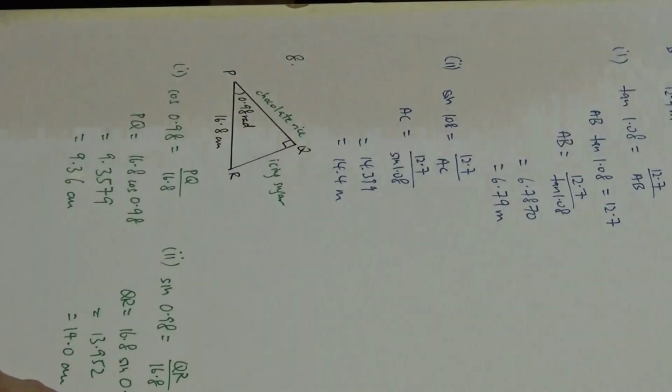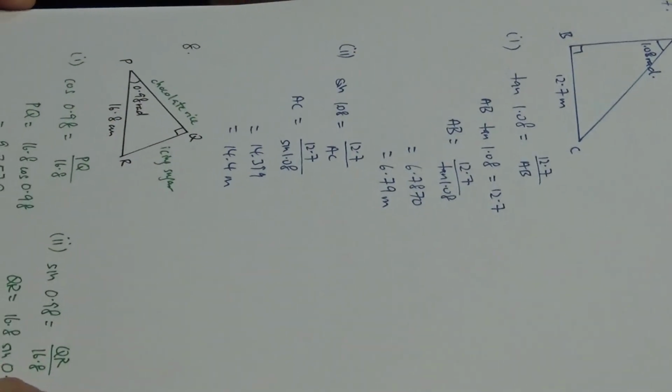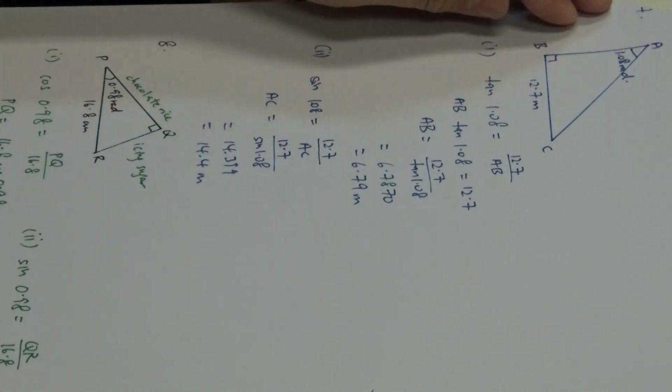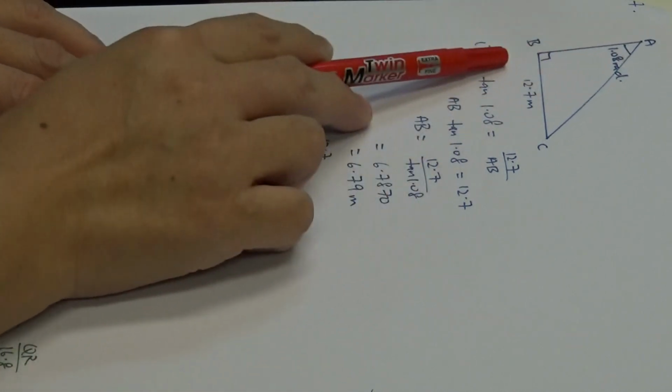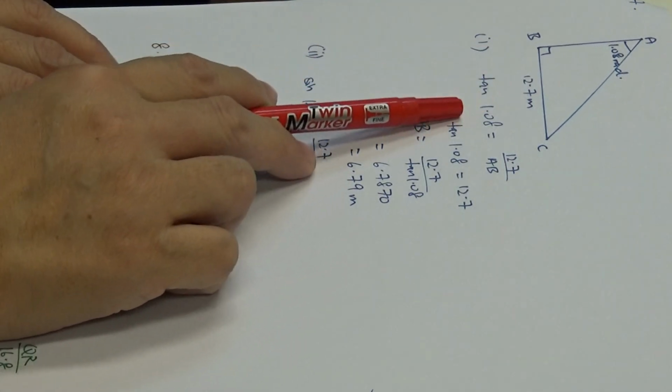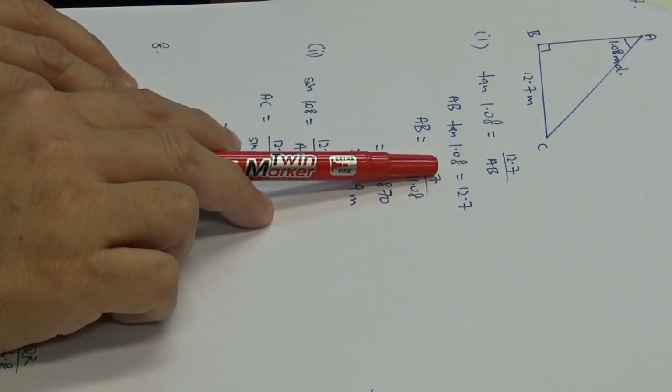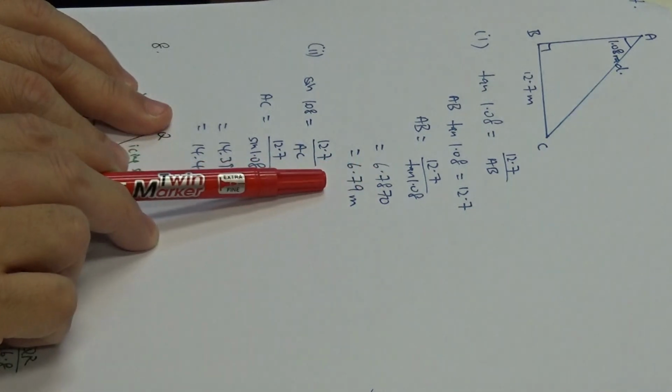Okay, now let's move on to question 7. Please read the question. The question says, find the height of the tree and the distance between AC. So height of the tree is AB. Okay, I will use again tangent and I'll use the necessary manipulation.